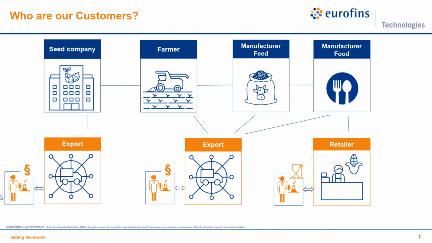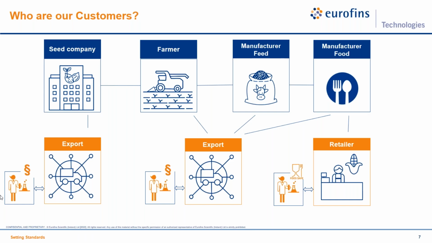Then farmers also have an interest in exporting, but hence also need to follow export and global regulations in terms of GMO content. They will also sell parts of their harvest to manufacturers, be it feed manufacturers, who will rely on different legal regulations, potentially allowing a higher percentage of GMO, versus food manufacturers, where we see stricter regulations.